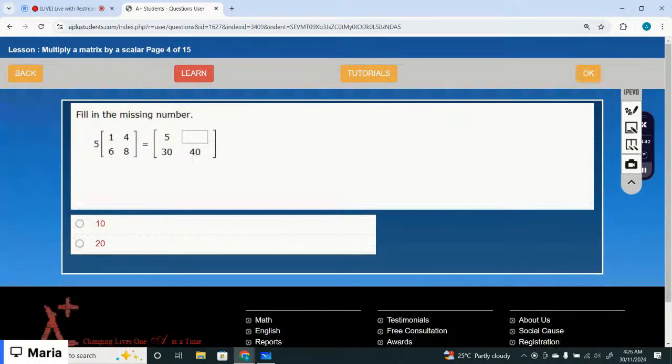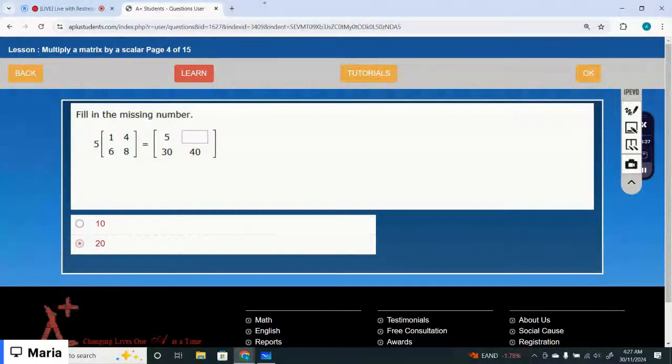Fill in the missing number. The correct option is 5 times 4, very good, 20.